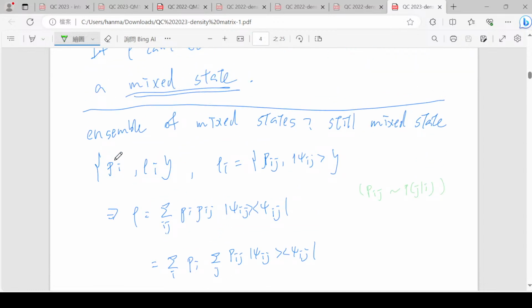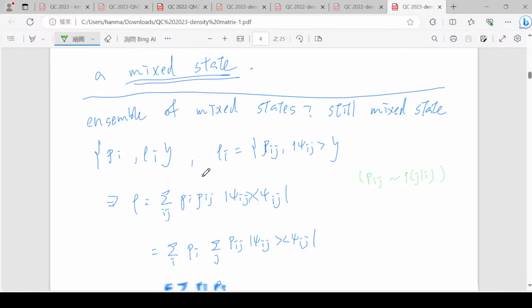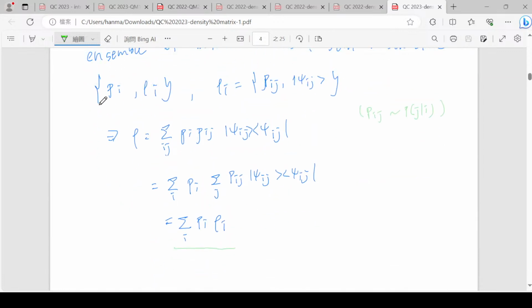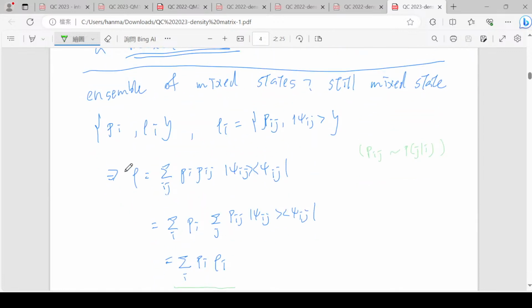So you have some probability mixture of those rho_i, and then the resulting mixture, so it's a little recursive. If the rho_i is a probability mixture of some pure states, then this is just a bigger probability mixture of all those individual states. And so it will give you another density matrix.